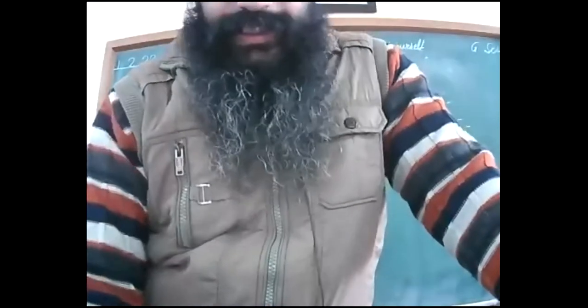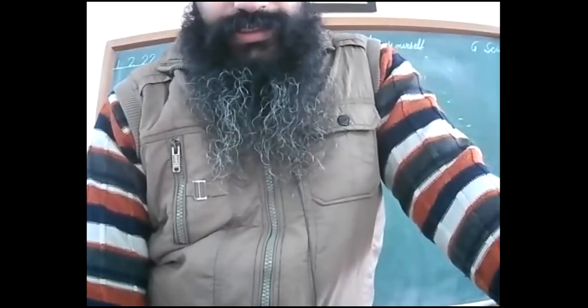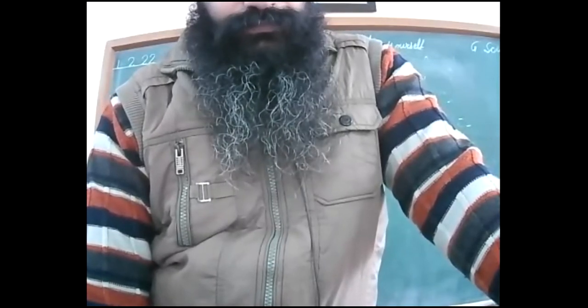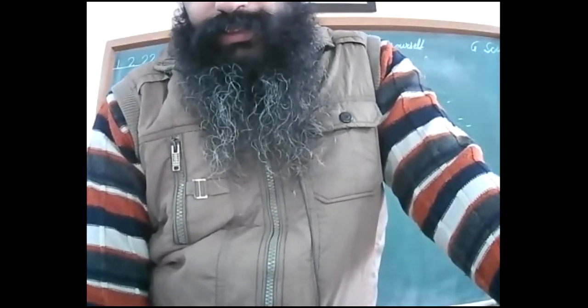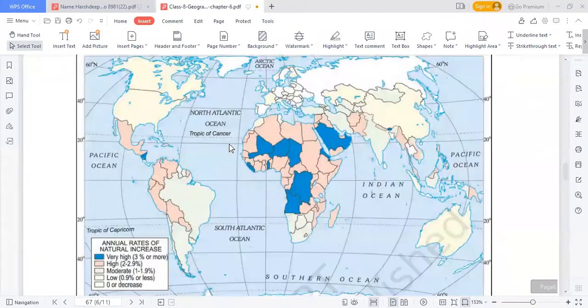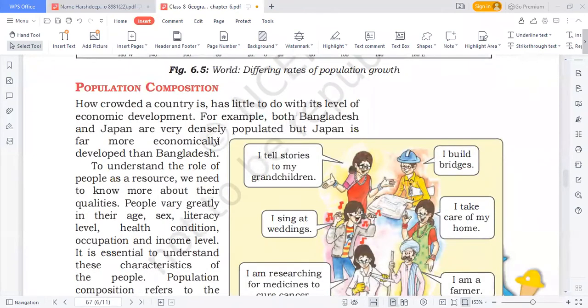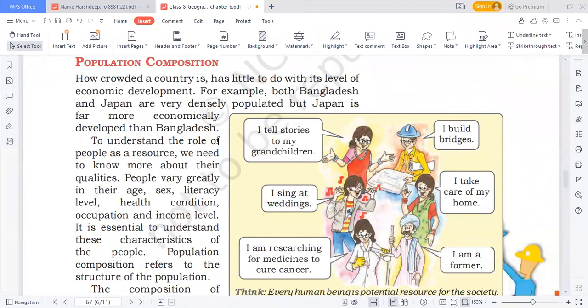Clear? Any doubts? Any questions? No questions. Next is the population composition.